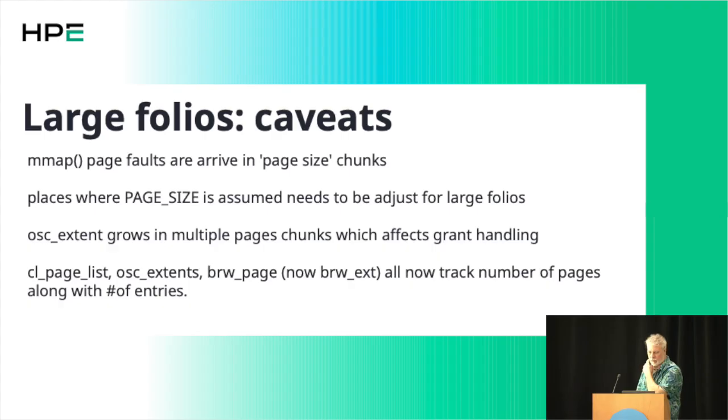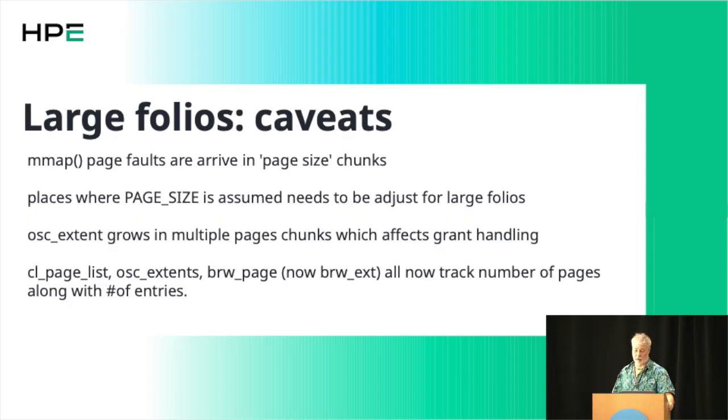So mmap page faults arrive in page-sized chunks, mostly. And places where page size is assumed just need to be adjusted for large folios, determining if that's still something that can be treated as a page or if we have to check the folio size.